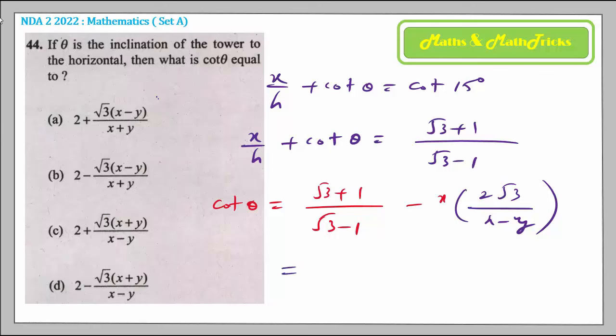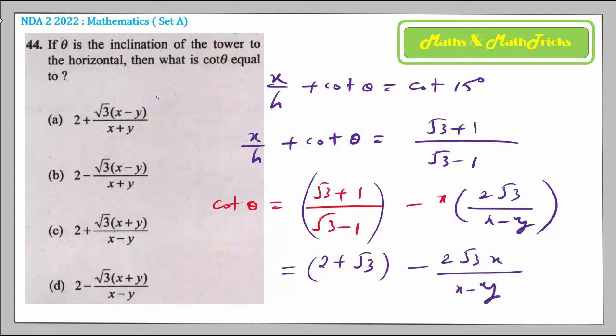If we try to simplify this, what we can do with the first term is rationalize the denominator. So you will get 3 plus 1 plus 2 root 3, that is 4 plus 2 root 3 by 2. So 2 plus root 3 you are getting. Then you have minus 2 root 3 times x upon x minus y.